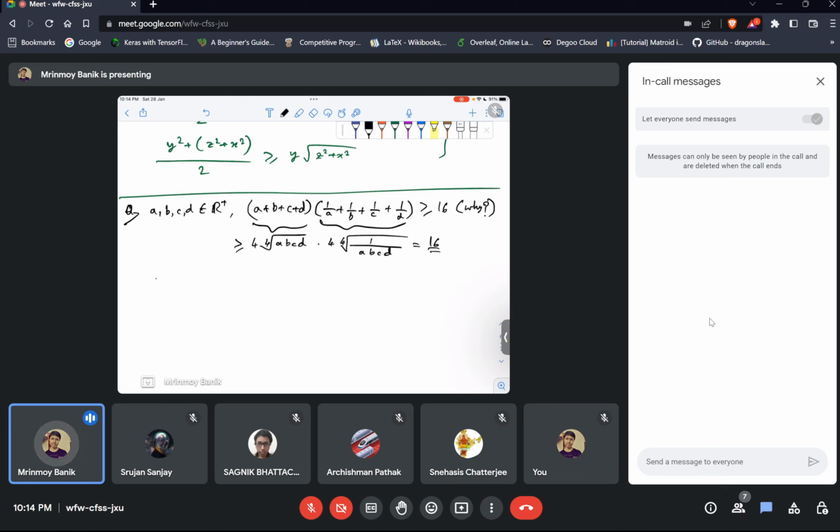So you can generalize this to (x1 + x2 + ... + xn) times (1/x1 + ... + 1/xn). This is greater than or equal to n squared.